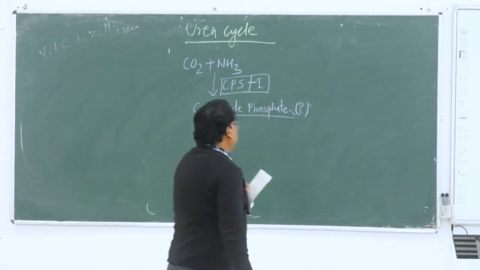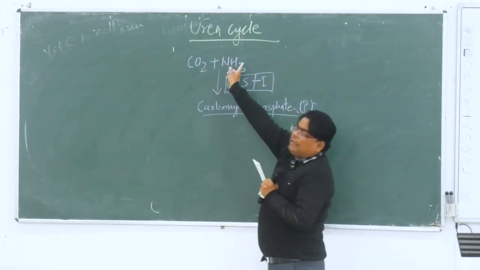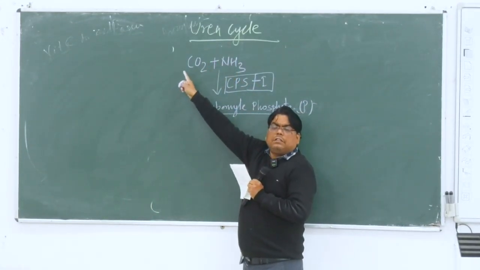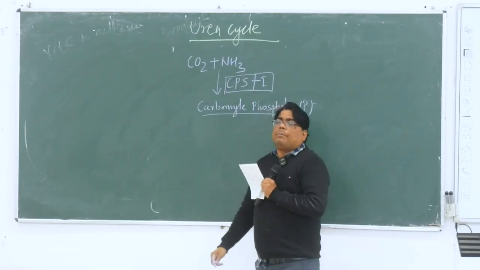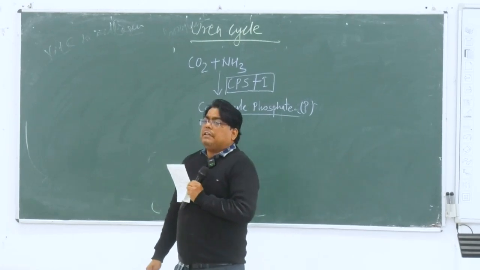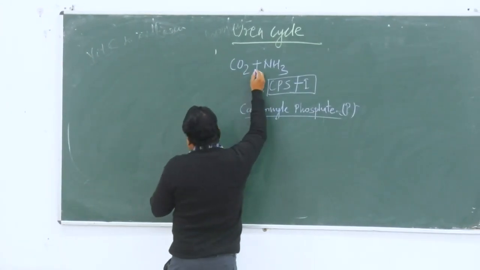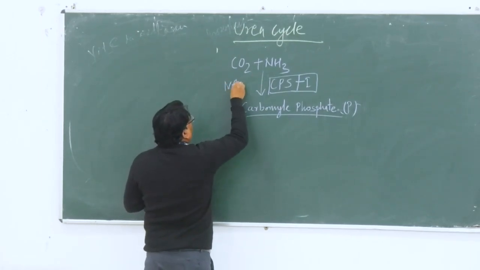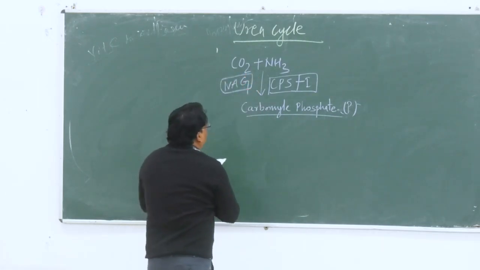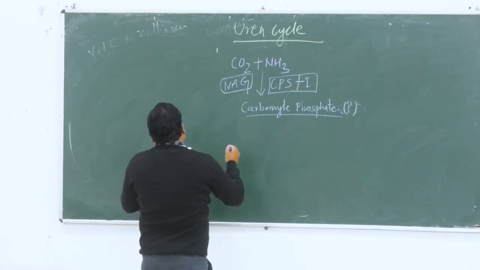CPS1 uses the molecules CO2 and NH3, and CPS2 is helpful for the formation of purine and pyrimidine. This is the basic concept of both of these enzymes. Okay. And there is N-acetyl glutamate.